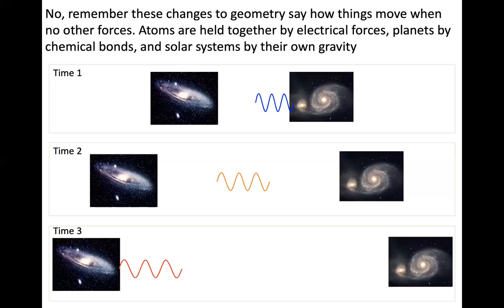You might think, well, wait a minute, what about solar systems or galaxies when you have objects in orbit around other objects? In those cases, the gravitational interactions amongst the objects themselves overwhelms the change in geometry that is causing universal expansion. So in practice, planets, stars, solar systems, even galaxies don't change in size as the universe expands.